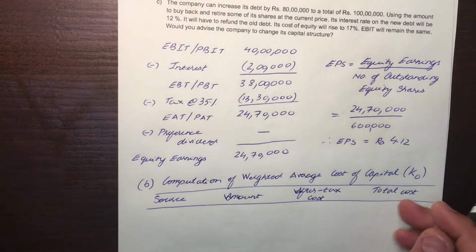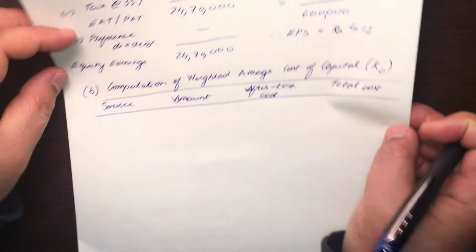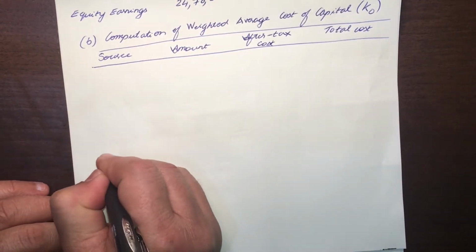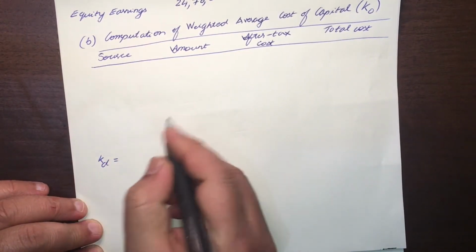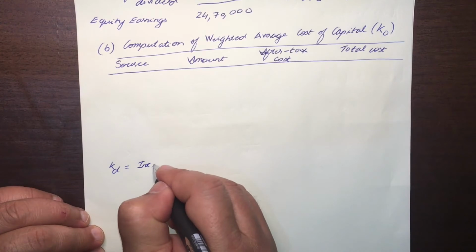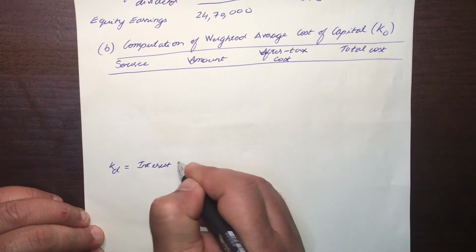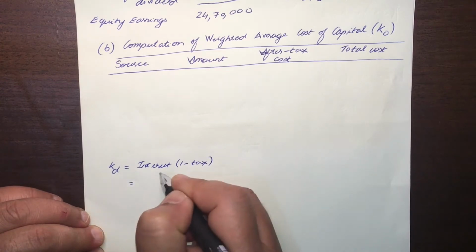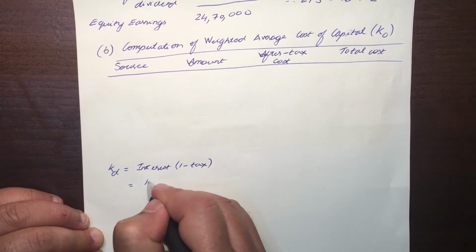What is the cost of debt? All right, now the cost of debt is, let's do it here. KD, cost of debenture. KD is interest into 1 minus tax rate. So the interest is 10%.